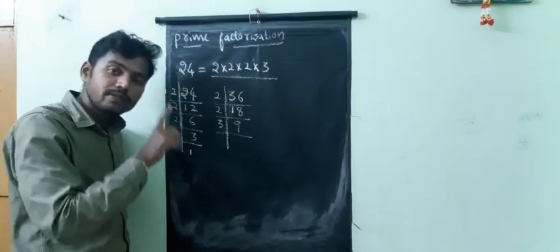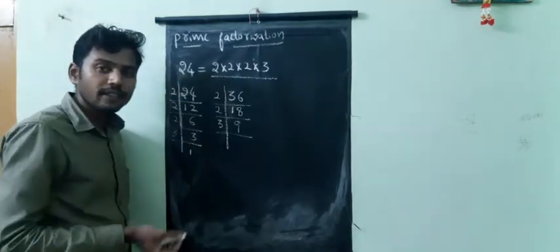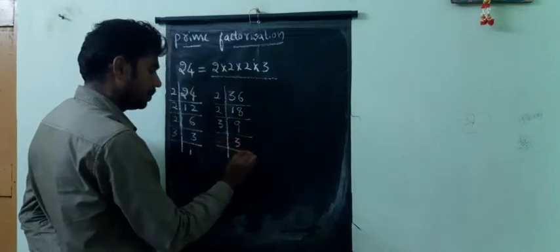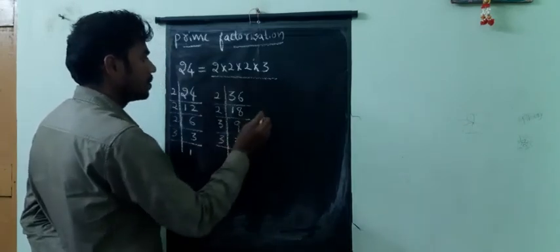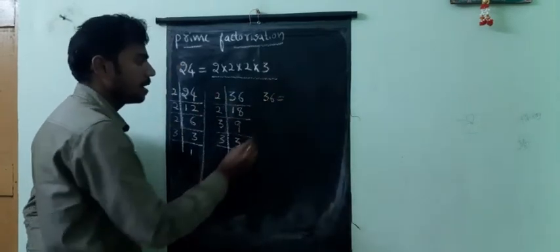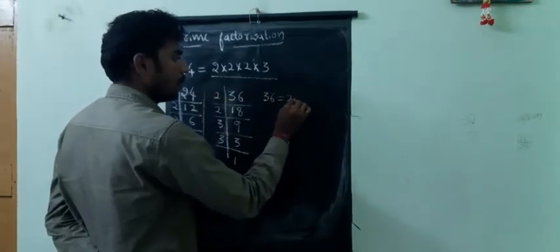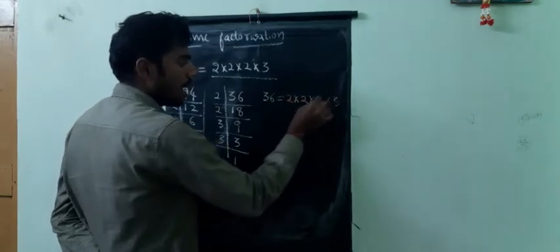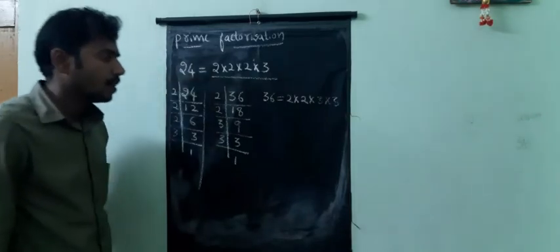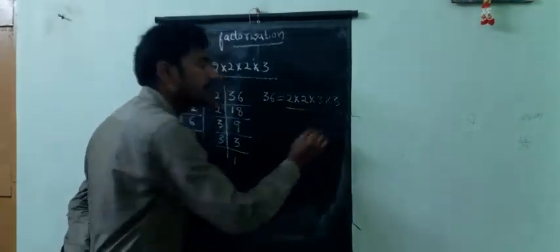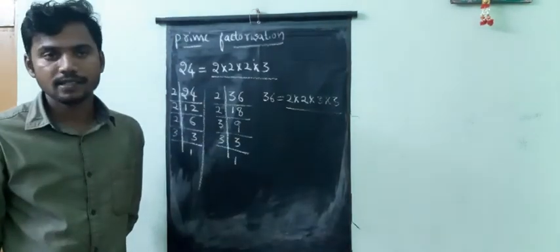Then if it is not divisible by 5, then I should start with 7. So 3 threes are 9. 3 ones are 3. So 36 can be written as 2 into 2 into 3 into 3. So I have expressed 36 in terms of prime factors.